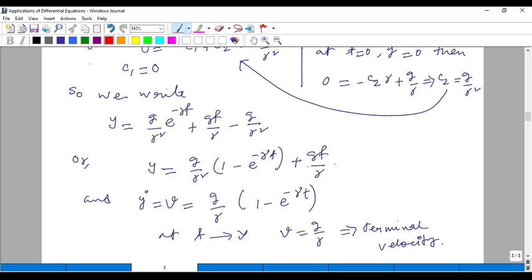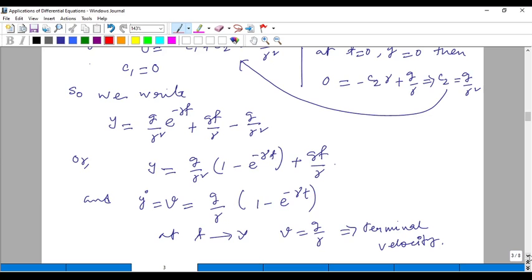If we know the values of gamma, t and g, we can calculate the value of y. From this expression we can also get the expression of the velocity v, which is v equal to g by gamma into 1 minus e to the power minus gamma t.